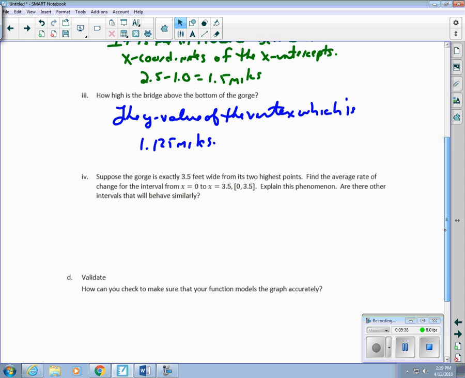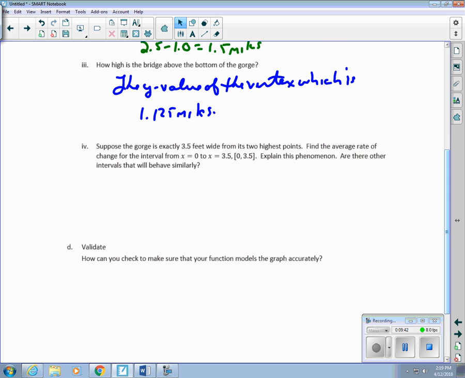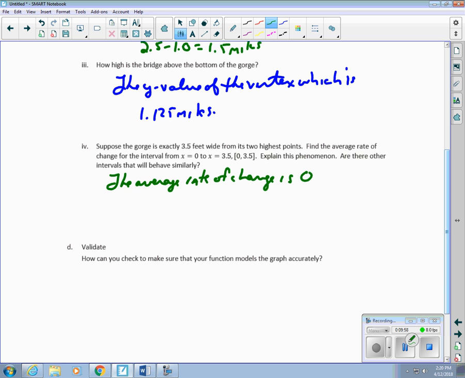Suppose the gorge is exactly 3.5 miles wide from the two highest points. Find the average rate of change. The average rate of change is 0 since these two points are symmetrical and form a horizontal line.